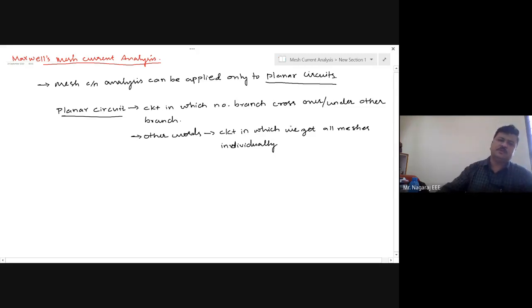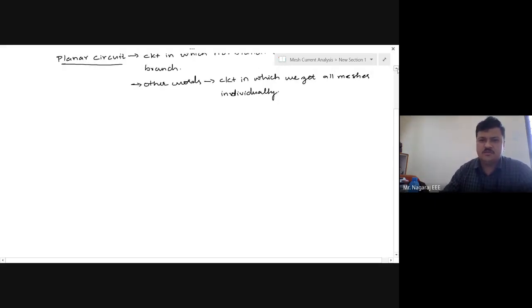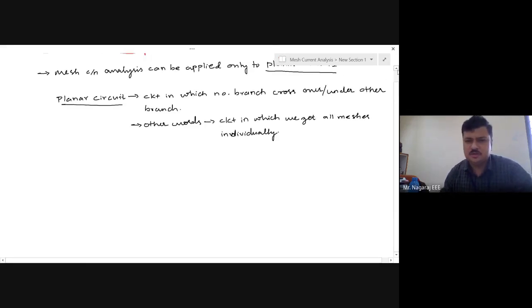What does this mean? Don't go by the grammar. We should understand the philosophical meaning of this statement rather than the grammatical meaning. Individual meshes doesn't mean one mesh at this corner, one mesh at right corner, one mesh at below. Nothing of that sort. So what individual mesh means, I will draw a few circuits here. You will get to know very conveniently.